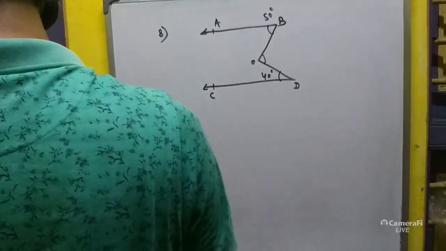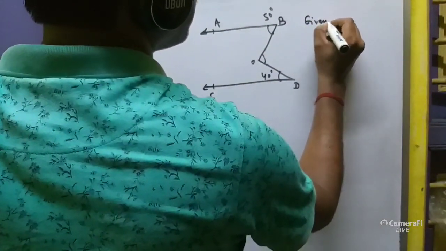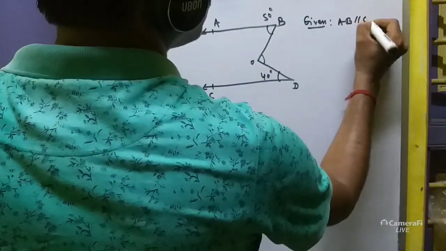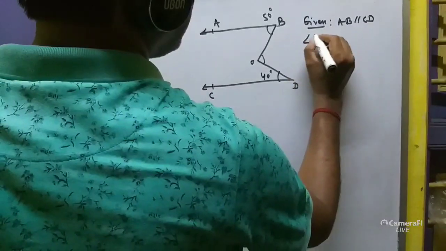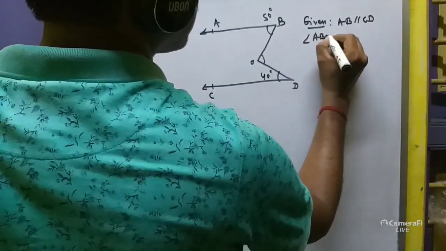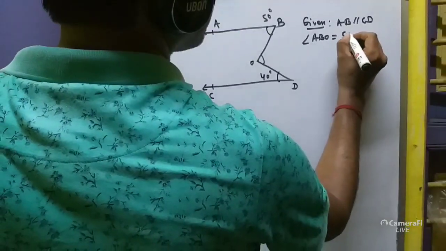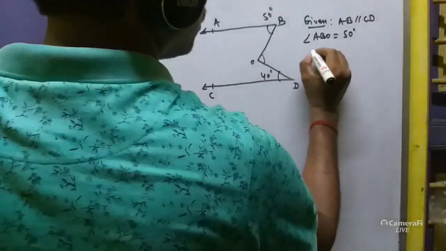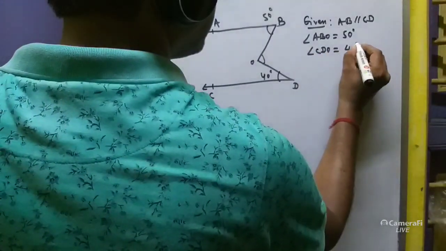It is given AB parallel to CD. So given, first write given: AB parallel to CD. Angle ABO also given equal to 50 degree. Angle CDO equal to 40 degree.